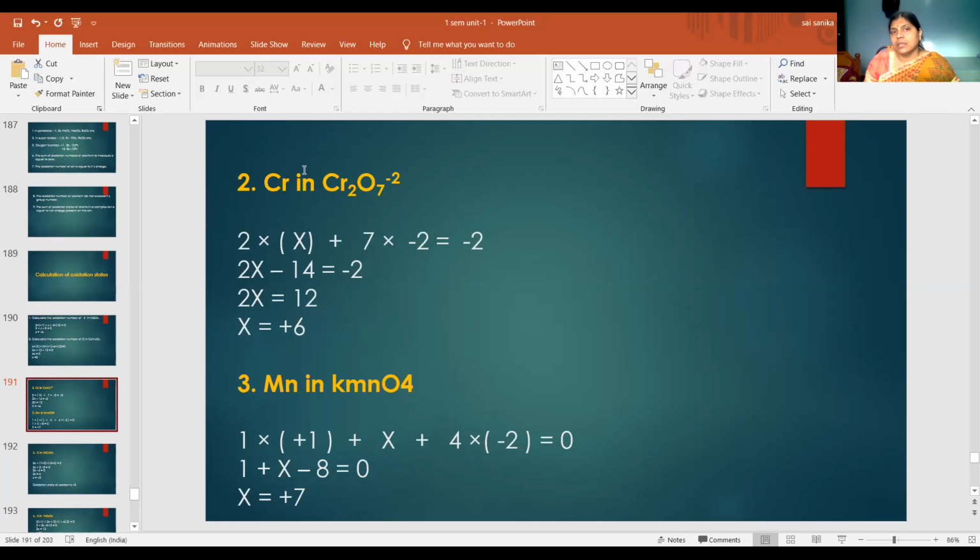So here, what is the oxidation state of chromium in Cr2O7 minus 2? So we'll see here.